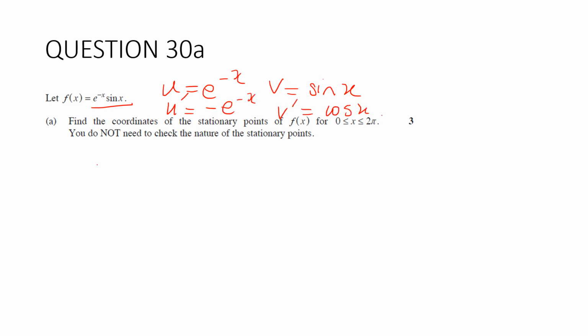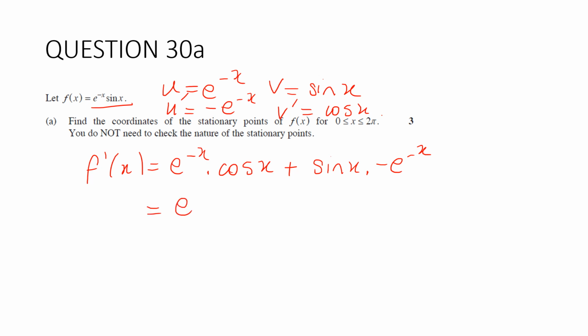So f dashed of x is equal to u v dashed plus v u dashed. Tidy it up: e to the negative x cos x minus e to the negative x sine x. And I'm going to factorize that.